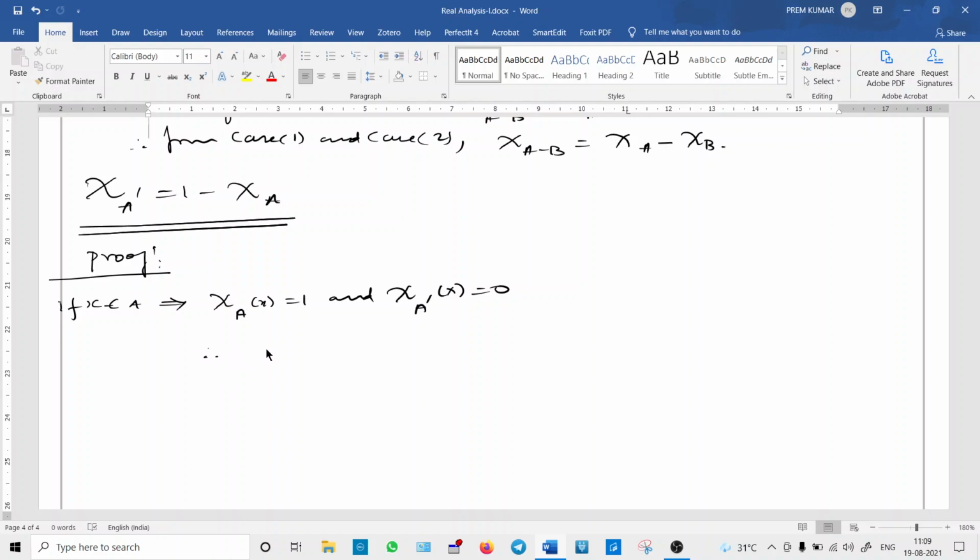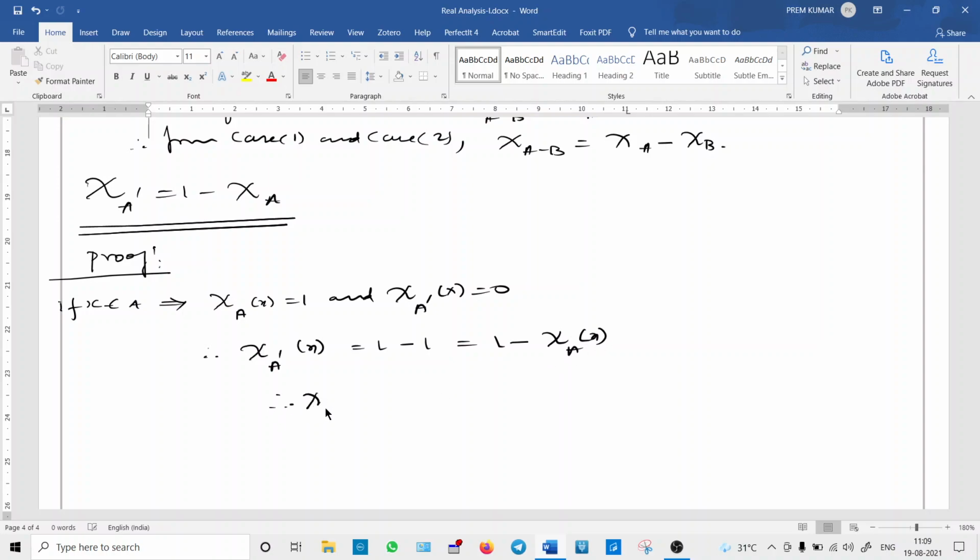Therefore, it is clear that chi A dash of x is 0. That is nothing but I can write like this: 1 minus 1, equals 1 minus this 1, which I can represent as chi A of x.